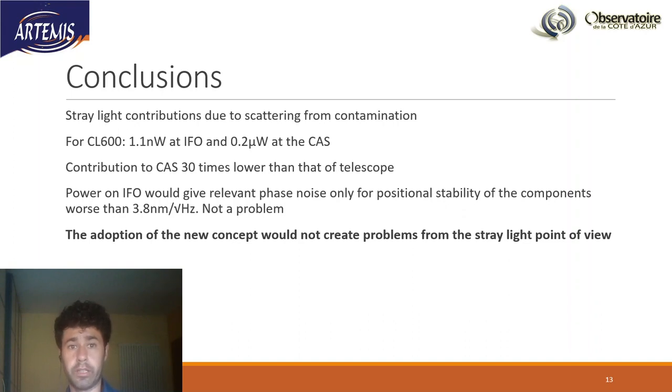And for the interferometer, we can say that the phase noise deriving from this power level will not be a problem if we can reach a positional stability of the components of 3.8 nanometer per square root hertz, and this will not be a problem to reach.